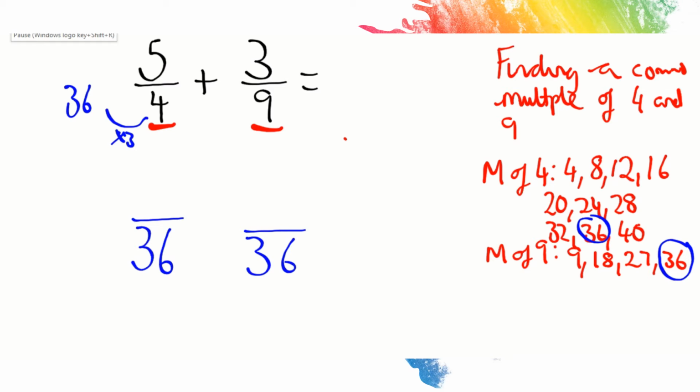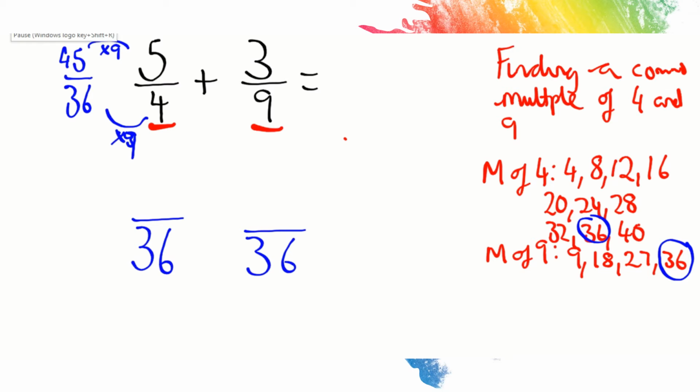Well, I could count along here. 1, 2, 3, 4, 5, 6, 7, 8, 9 lots. Not 3 as it's been written there. Then that means I'm also going to multiply my 5 by 9. Well, 5 times 9 is 45.